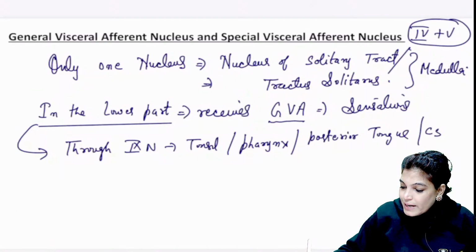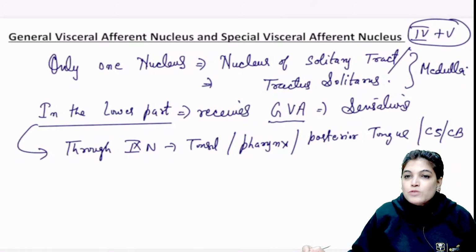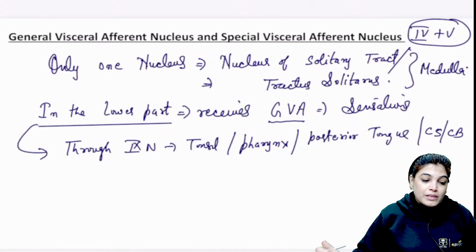CS means carotid sinus and CB means carotid body.